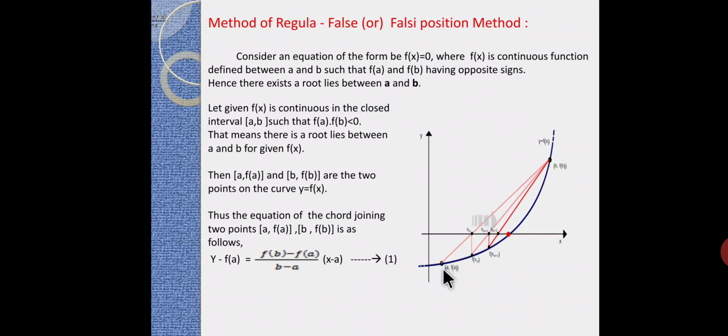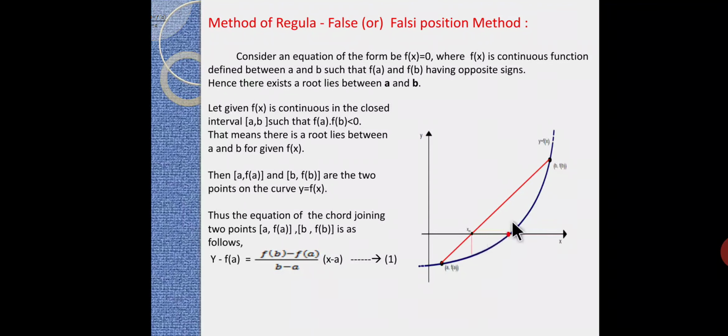Here the point (a, f(a)) is a negative point and (b, f(b)) is a positive point. If we draw a line joining these 2 points, it will intersect the x-axis, and that is the exact root of the given equation.